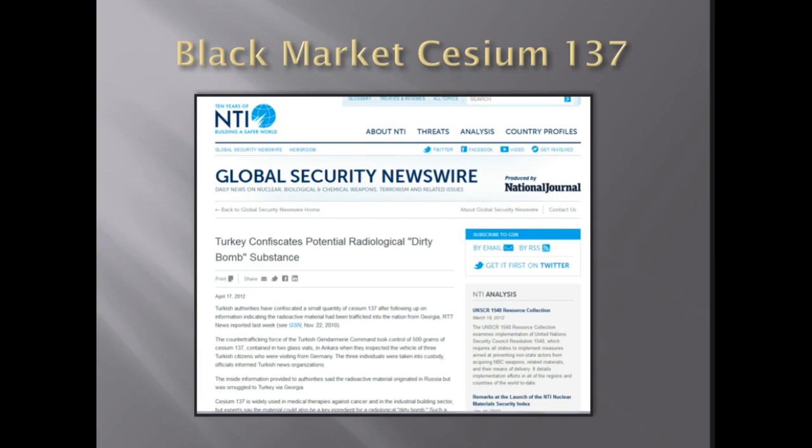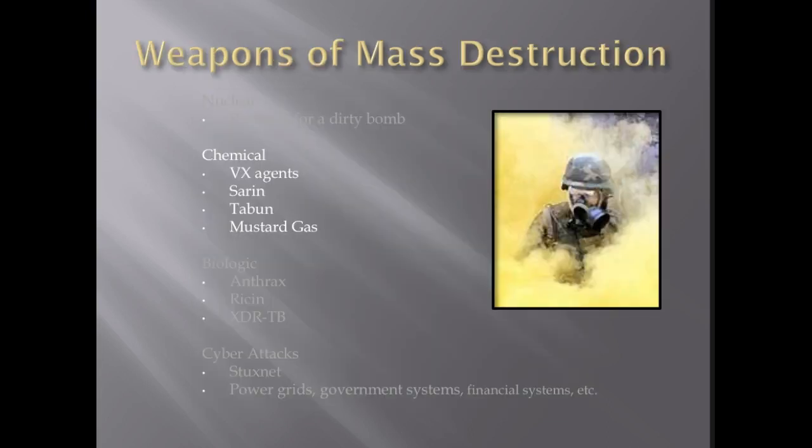There's not been much confirmation that this was going to terrorists, but there is certainly the potential. Once again, frightening. I hate this section of our presentation. It's so scary. Now let's explore potential chemical weapons of mass destruction.